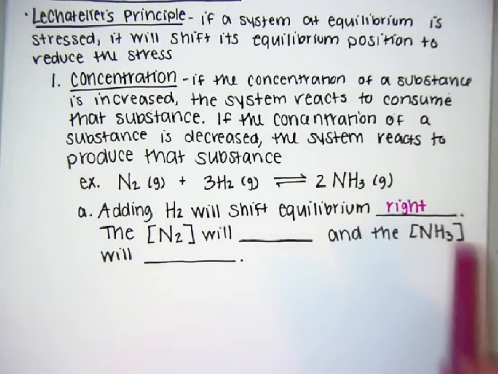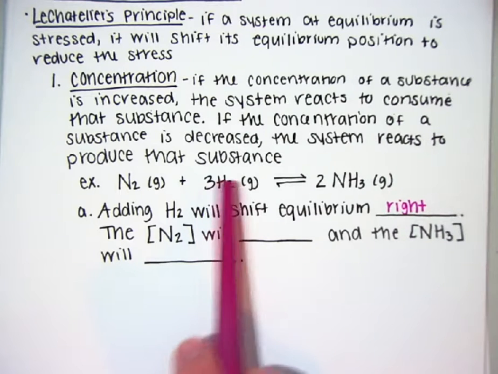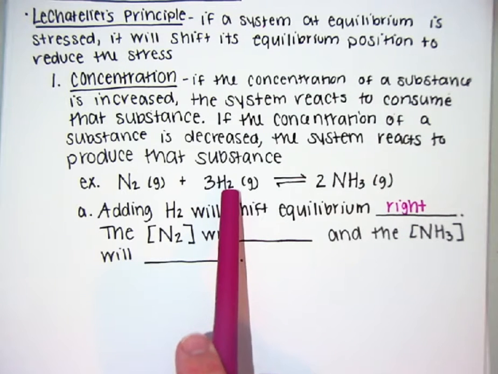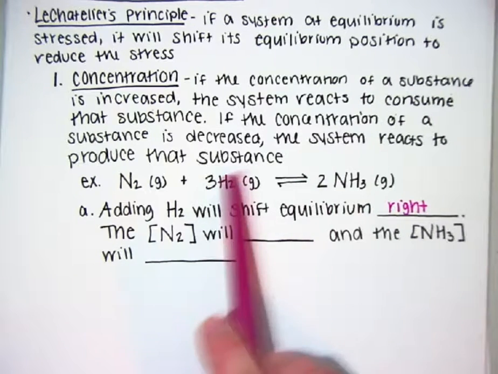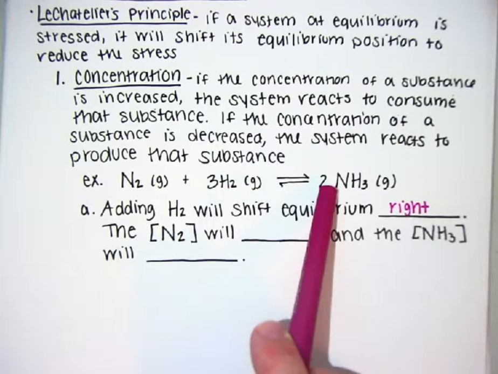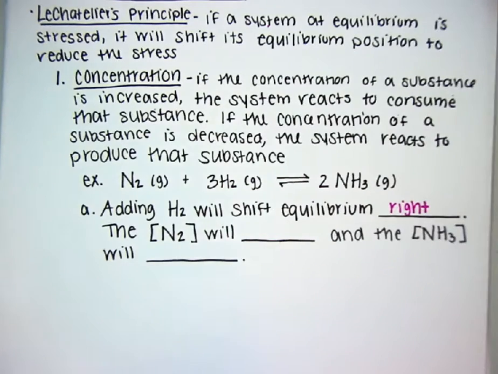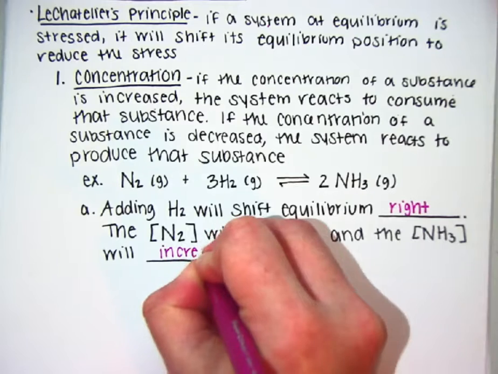All right, let's talk about NH3 first because we kind of already talked about this. I add hydrogen. The way that I reduce that stress is to use up hydrogen, and if I use up hydrogen, I'm going to make more ammonia. So that means the concentration of NH3 is going to increase.